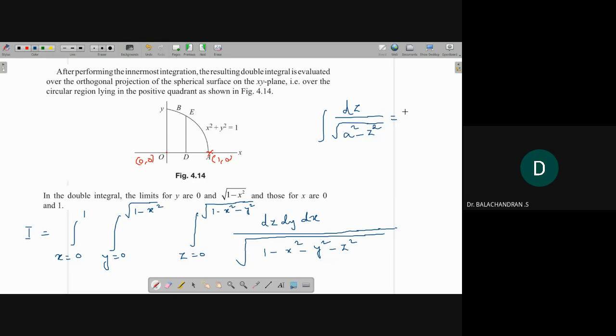So I think it is sin inverse of x by a. Purna Chandra? Yes, sir. Sin inverse of x by a, yes, sir. But z by a here, because here you choose the z. So it is z by a. So now, next step. So consider this is actually what? A square.